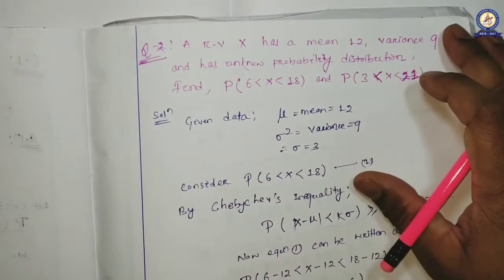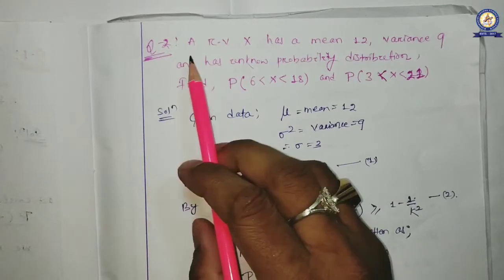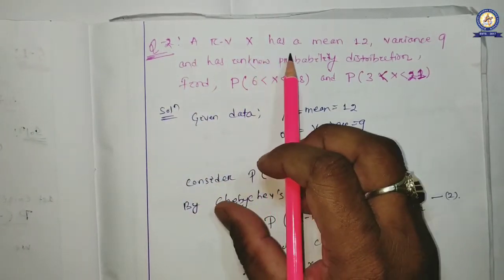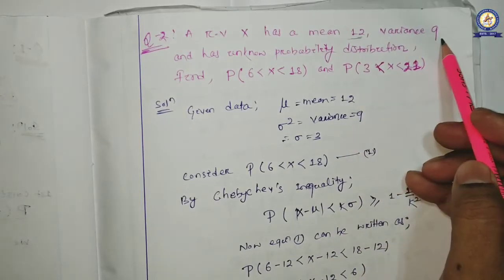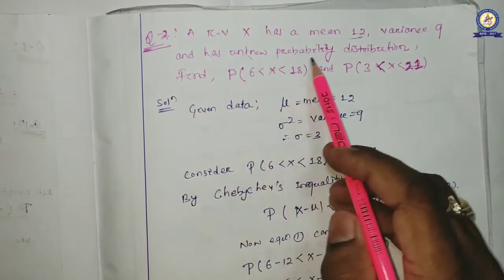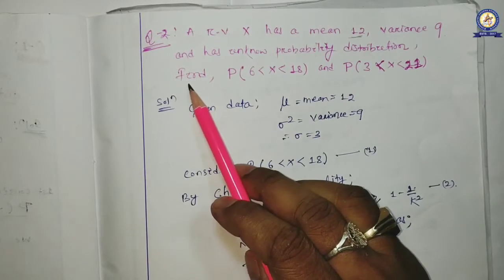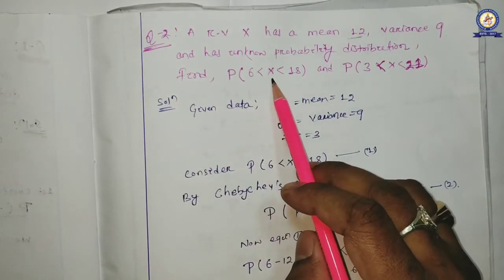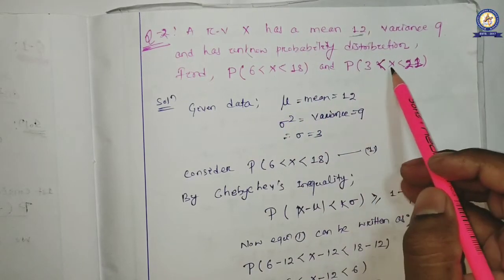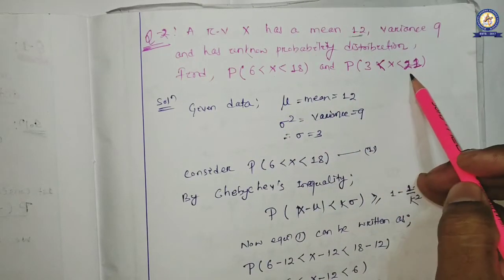Now another question, the second question: our random variable x has a mean mu equal to 12 and variance 9 and has an unknown probability distribution. Find the probability of 6 less than x less than 18 and the probability of 3 less than x less than 21.